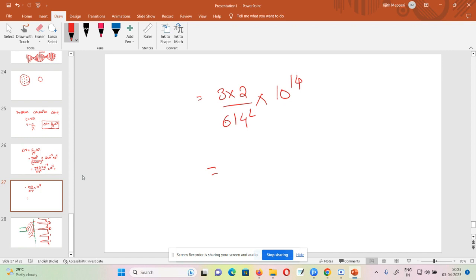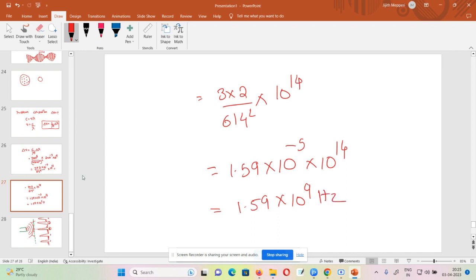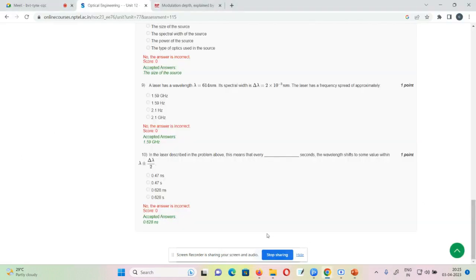So it will be like 1.59 into 10 raised to minus 5 into 10 raised to 14. So 1.59 into 10 raised to 9 hertz. I can check whether your answer is there. See, it's 1.59 gigahertz. So you have the answer.